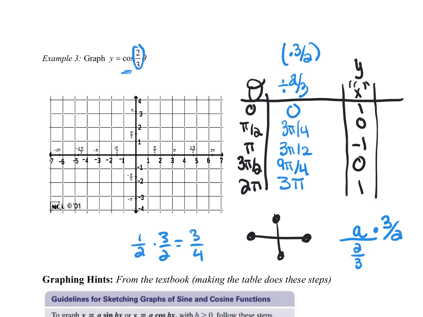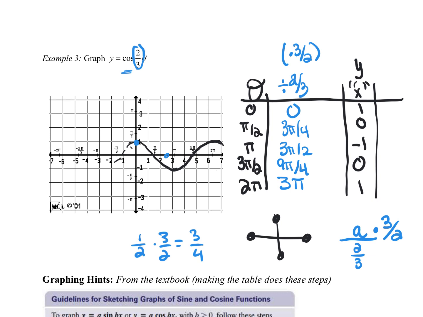So if I go to graph this, I'm going to sketch the parent function real quick. The parent function for cosine looks like that. And then if I graph mine, I have 0, 1. 3 pi over 4 is more than a half, so 3 pi over 4 is 0.